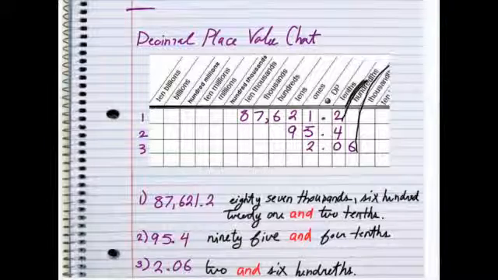Now that's very interesting because there's a 0 in front of that 6 in the tenths place, but we don't count that 0. We are counting the 6 in the hundredths place. If, for example, that number was not a 0, it was a 1, we would say 2 and 16 hundredths, right? We would read it just like that. So that is kind of an interesting example for us to look at.